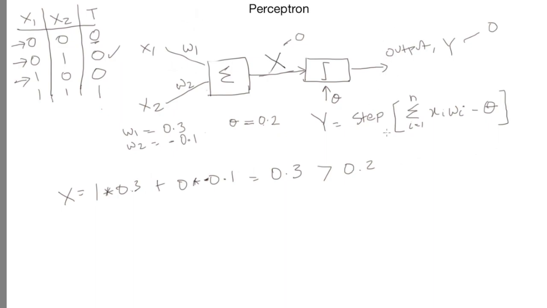Therefore the neuron is going to fire, and the output it produces is a 1. Now this does not go well with the training instances because we were expecting the target to be a 0. So there is a disagreement between what was expected out of the neuron and what it ended up producing.